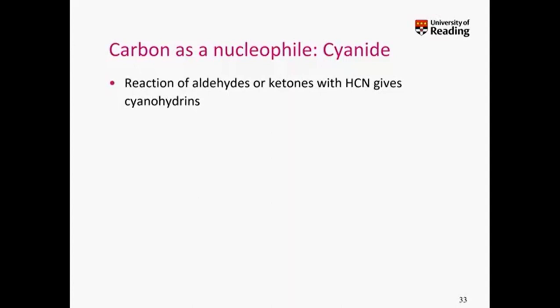So if you take an aldehyde or a ketone with HCN, so hydrogen cyanide, it gives you a cyanohydrin. Cyanide is a nucleophile; under specific conditions, this exists in equilibrium and it exists as CN minus, with the minus on the carbon.